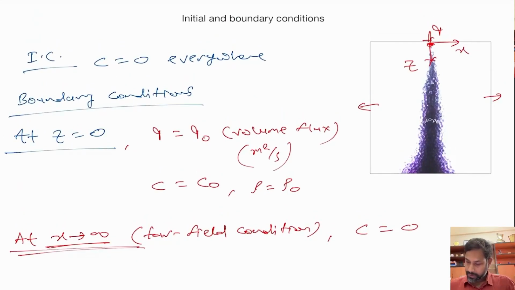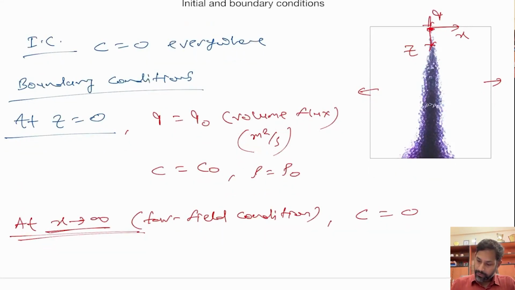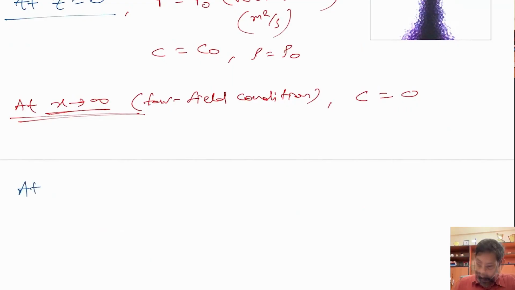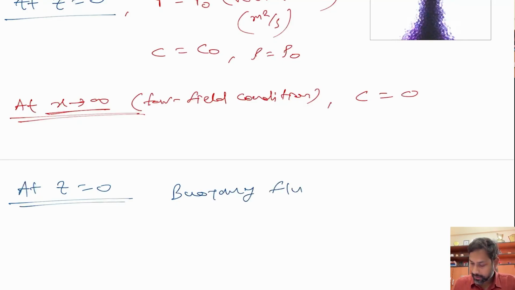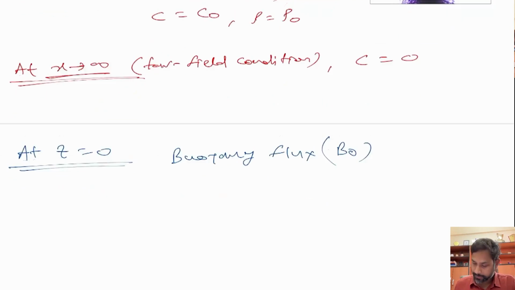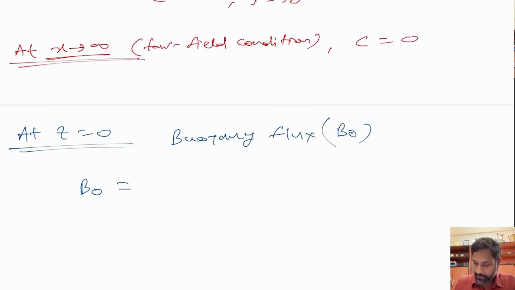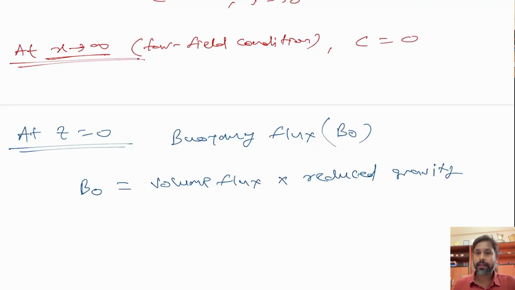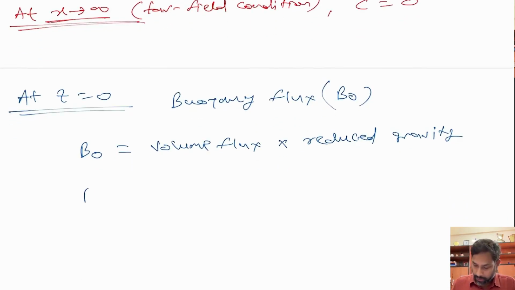Okay, so these are a few conditions we have, and one more thing we can derive from this is, at z equal to 0, we can define the buoyancy flux B naught. And if you remember, buoyancy flux is given as volume flux times reduced gravity. This is something we defined when we talked about plumes in the free medium.